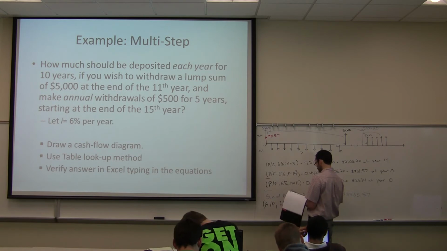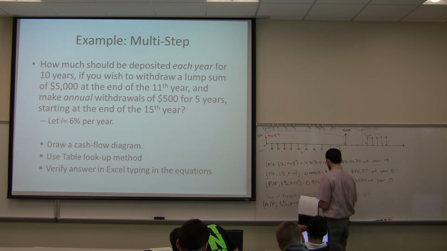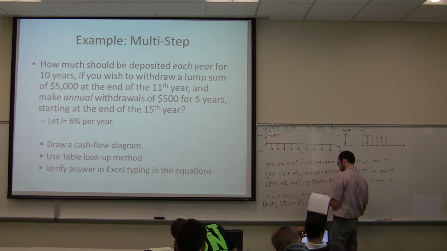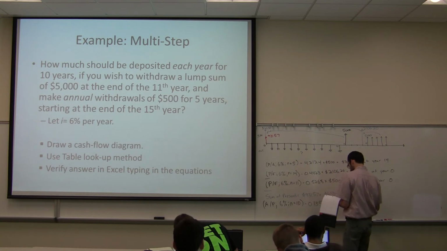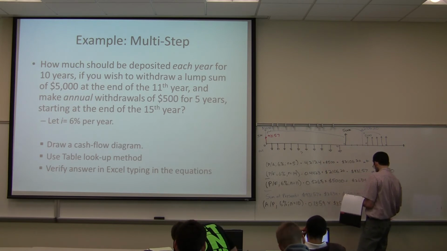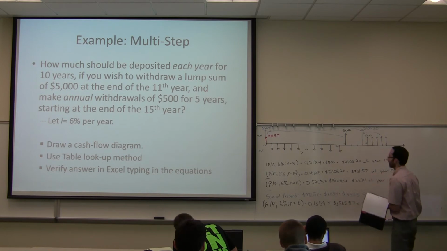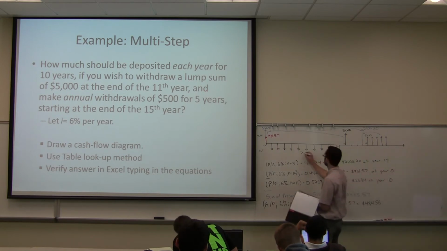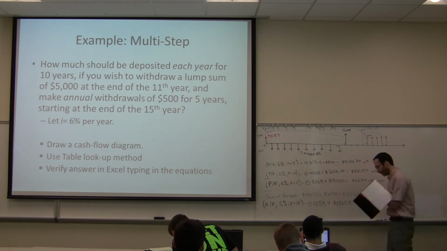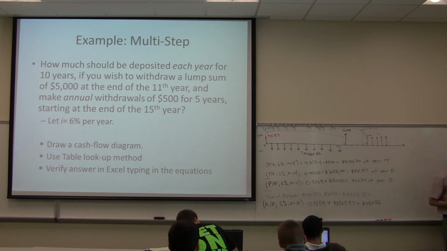And the factor there is 0.1359. So I'm going to multiply it by the 3565.57, and that is 484.56. So that's how much I have to pay every year, 484.56, in order to make this whole cash flow equivalent at 6%.